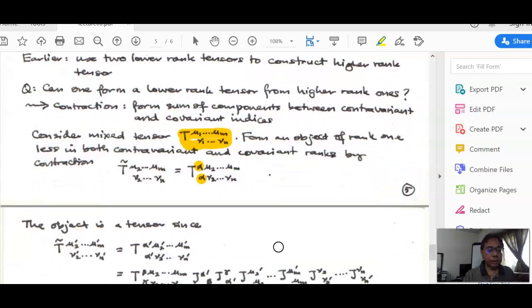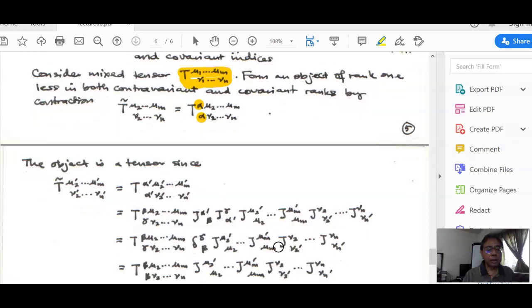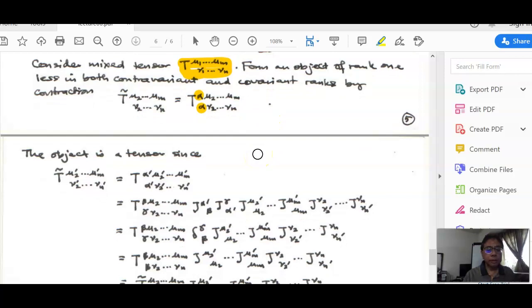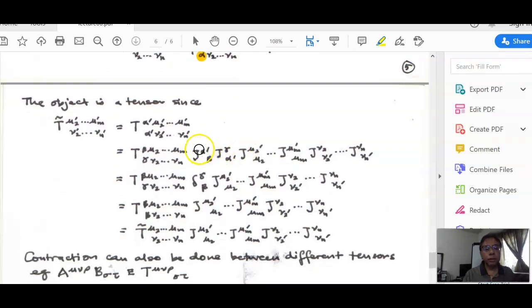And we can check that. Since we know how a contravariant rank m and covariant rank n tensor transforms, you can simply check that one of the Jacobian matrices will be multiplying with the inverse.